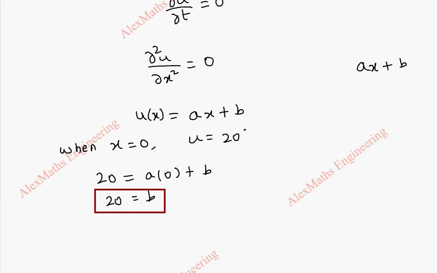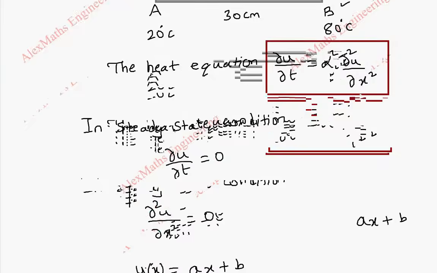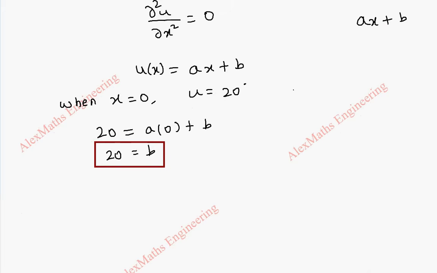In the same way, I am going to use the other condition, that is the other end. So the length is 30, so at B x is 30 and temperature is 80. When x equal to 30, we get u equal to 80.